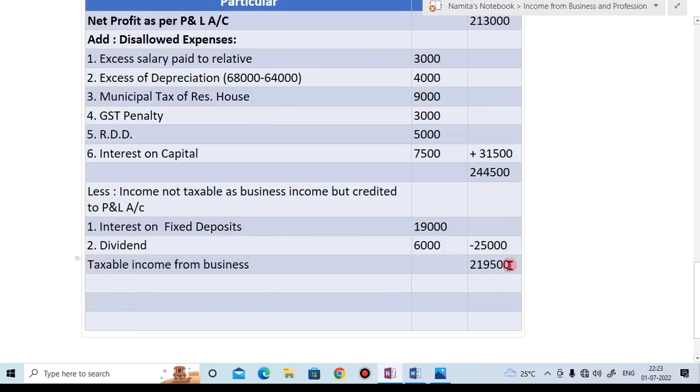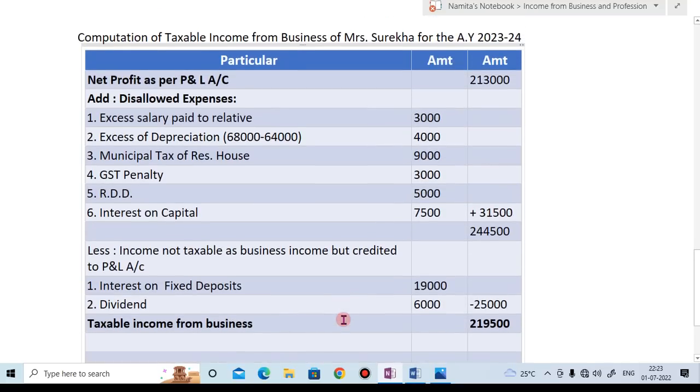In this way you have to compute the taxable income from business. I hope you have understood today's session.